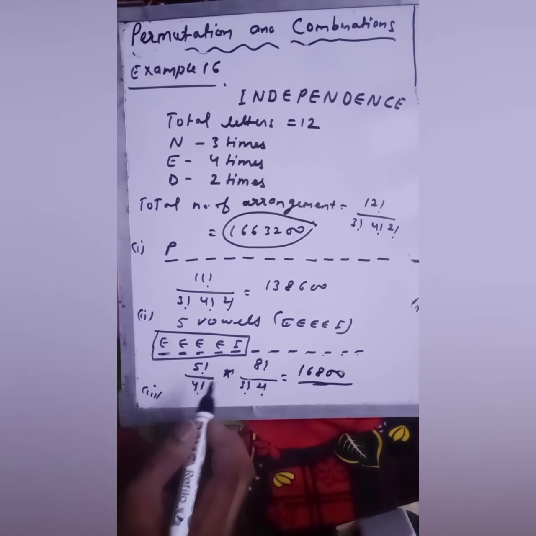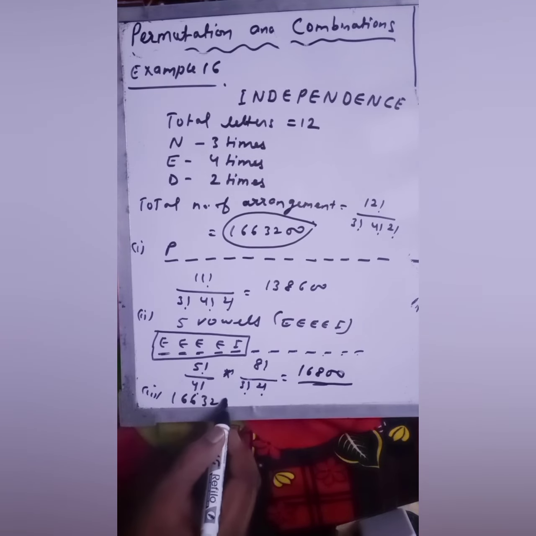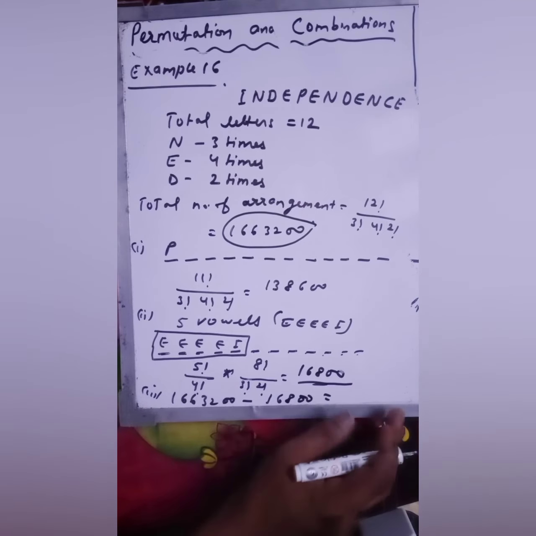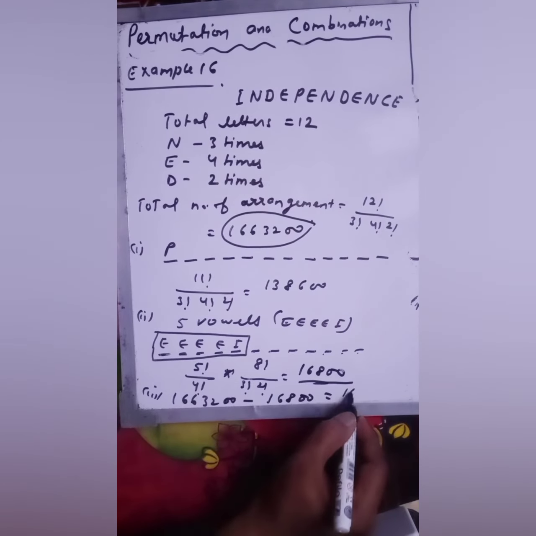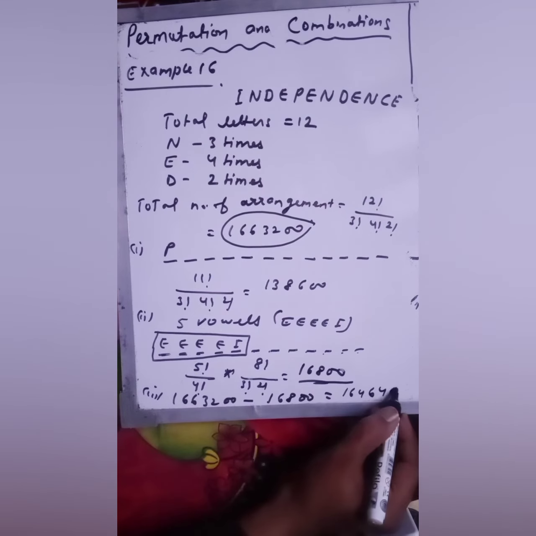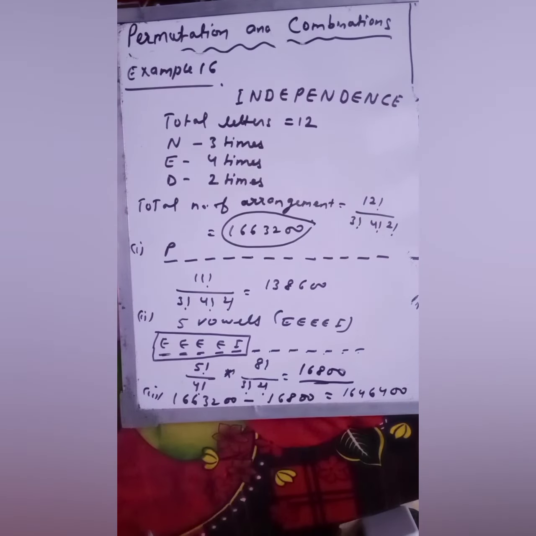You have to subtract these values: 1663200 minus 16800. So you will get the final answer, that would be 1646400. Okay, so this is your third part of this question.